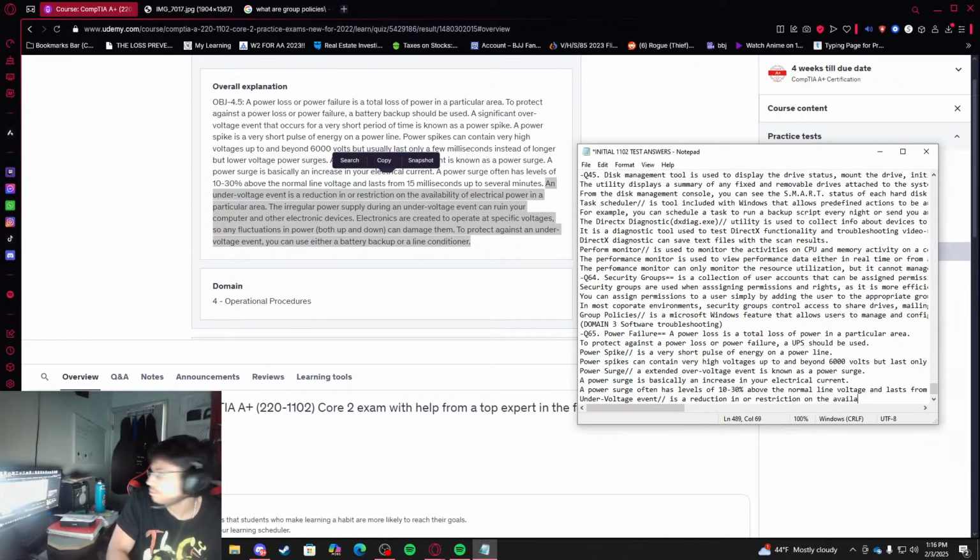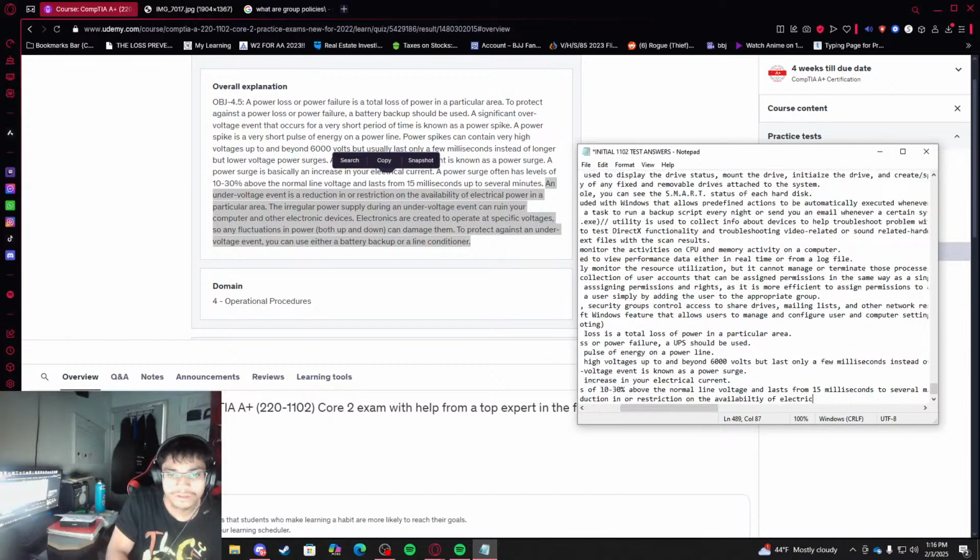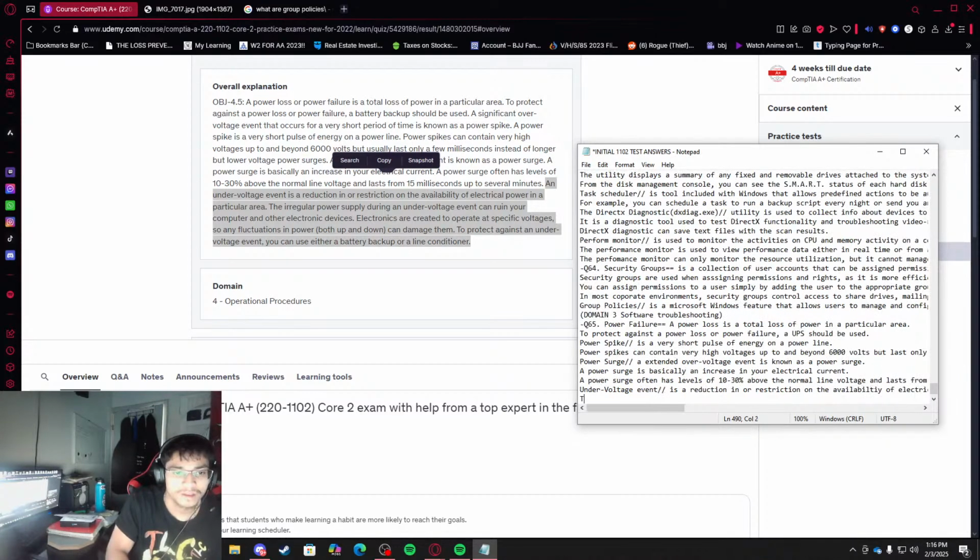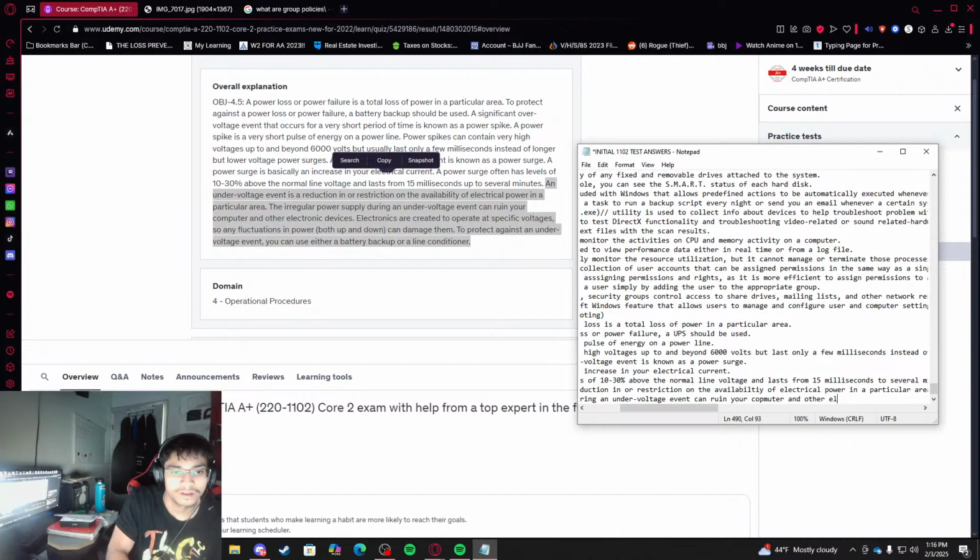The availability of electrical power in a particular area. That irregular power supply during an undervoltage can ruin your computer and other electronic devices.